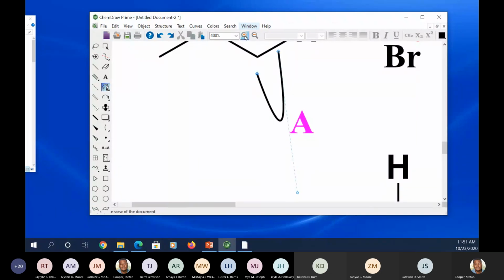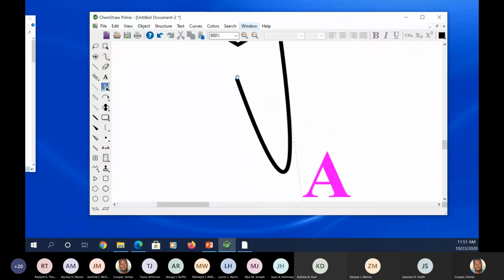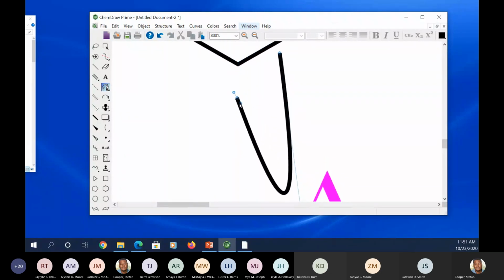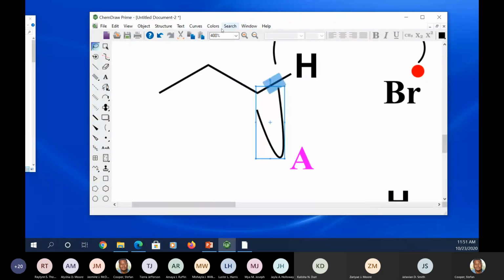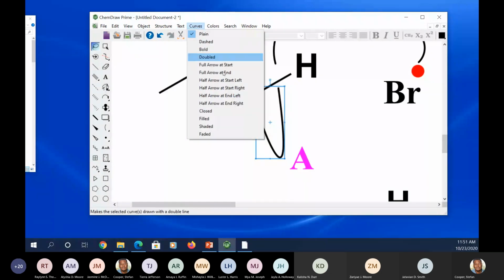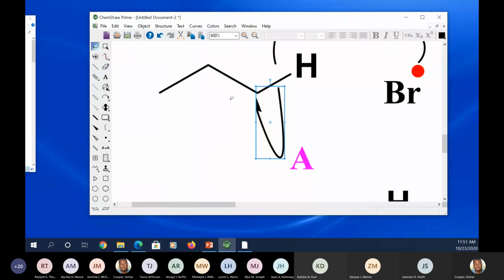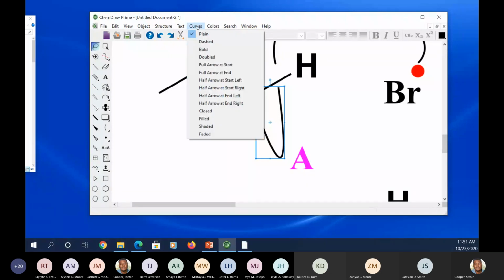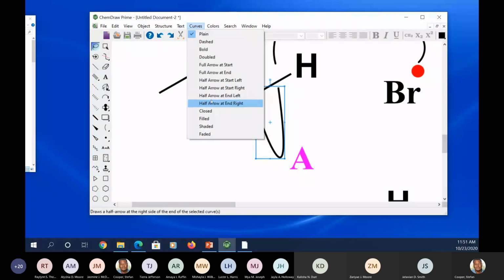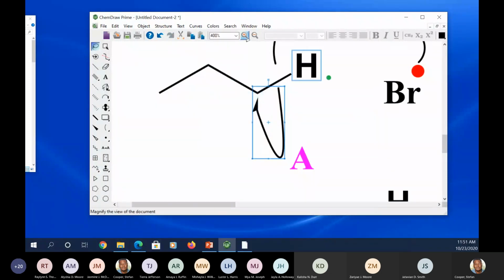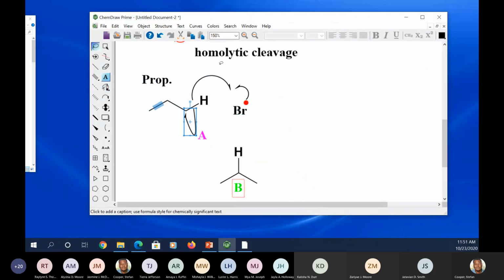It won't let me do what I need to right now. All right, that's a weird looking arrow. Okay.